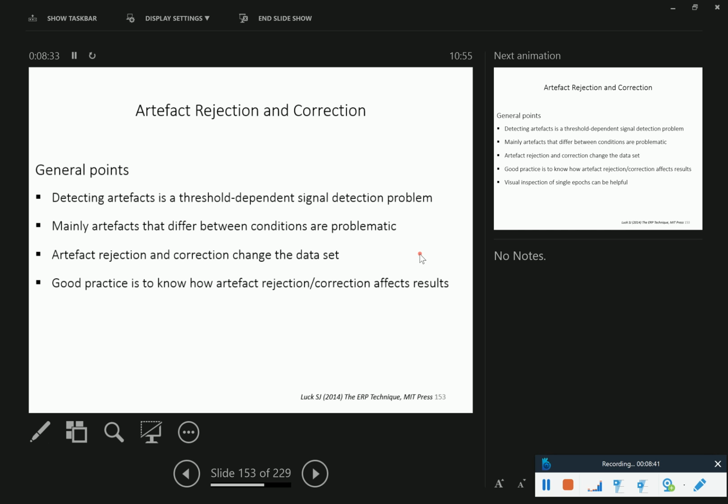Maybe even more important than knowing that there's no right or wrong way is that it's good practice to know how artifact rejection and correction affects the results.